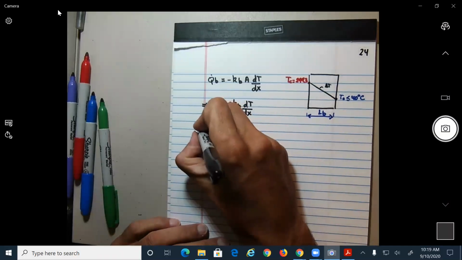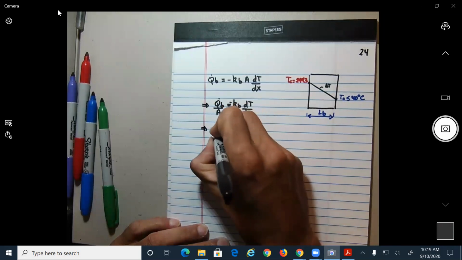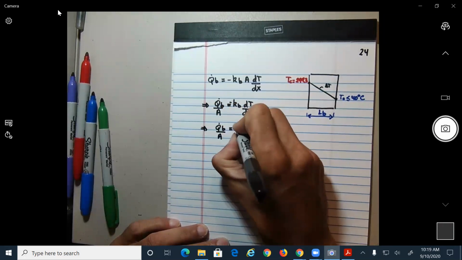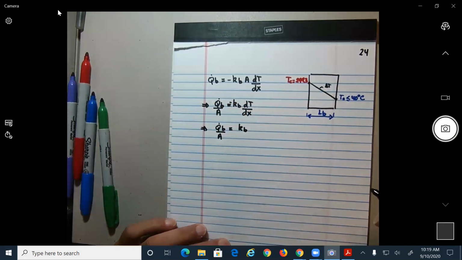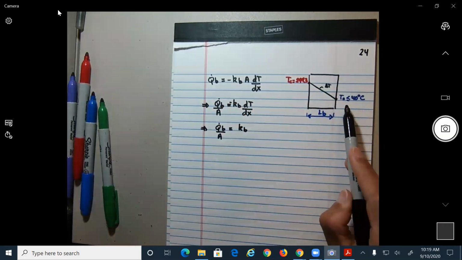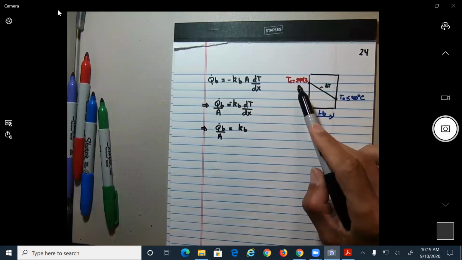Okay, so we could say that this would be equal to what? Q dot over A will be equal to K_B. Really, if you want to do the slope, what should you do? You should do like 440 minus 293, which will be negative, no?